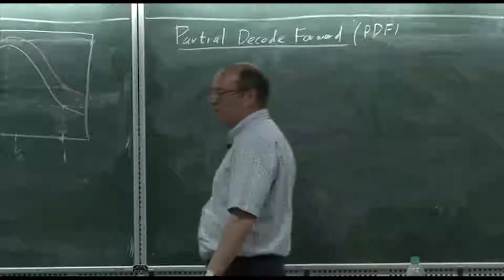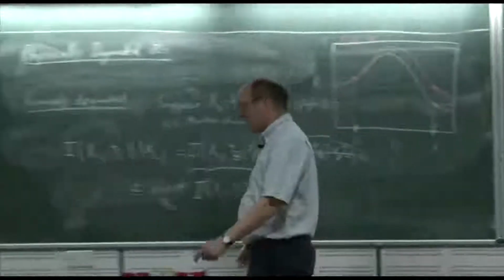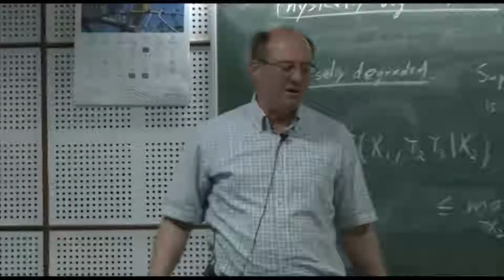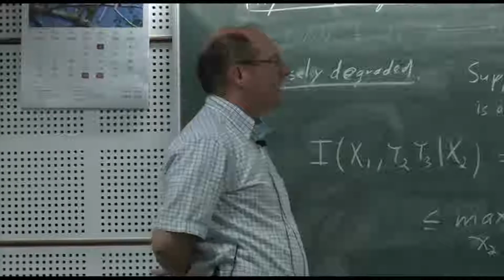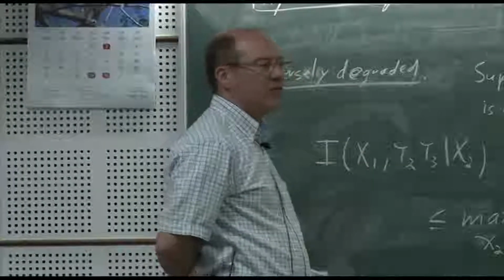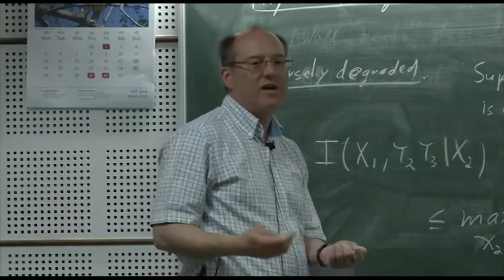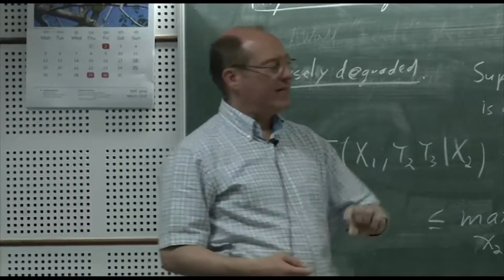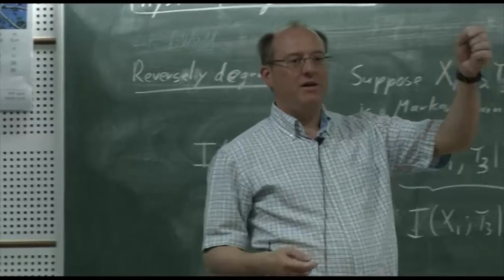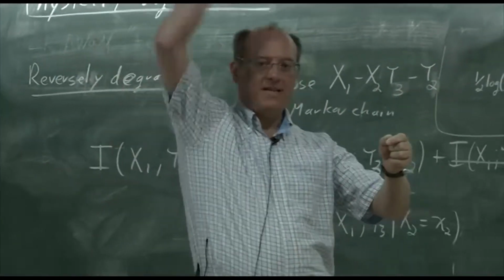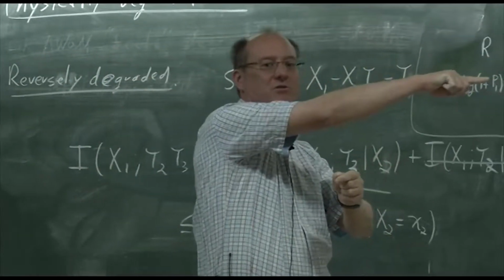Okay, so how are we going to do this? Well, what this method involves is mixing decode forward with direct transmission. Because fundamentally all we want to do is have the following. We'll let the relay decode something, and then on top of that we'll plant just something for direct transmission. That's all it is.